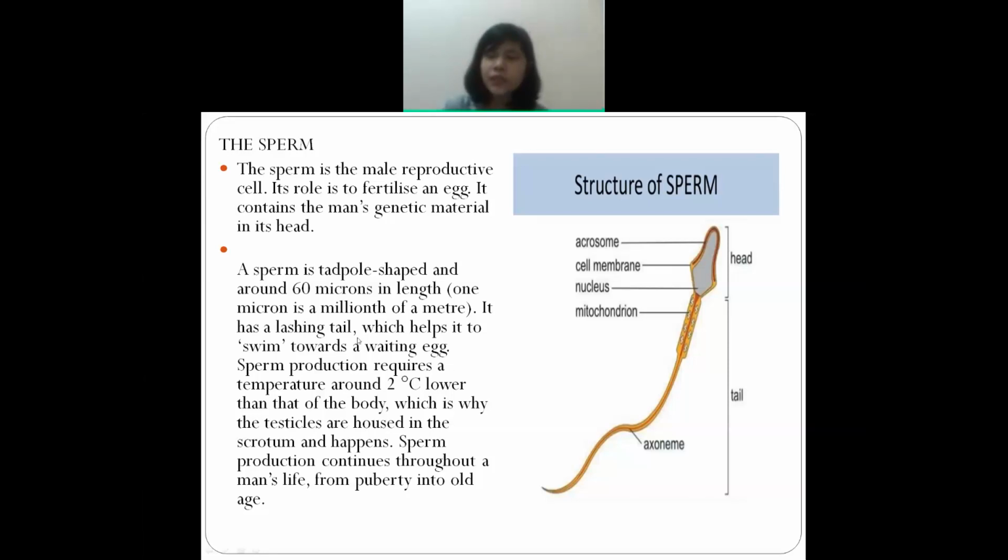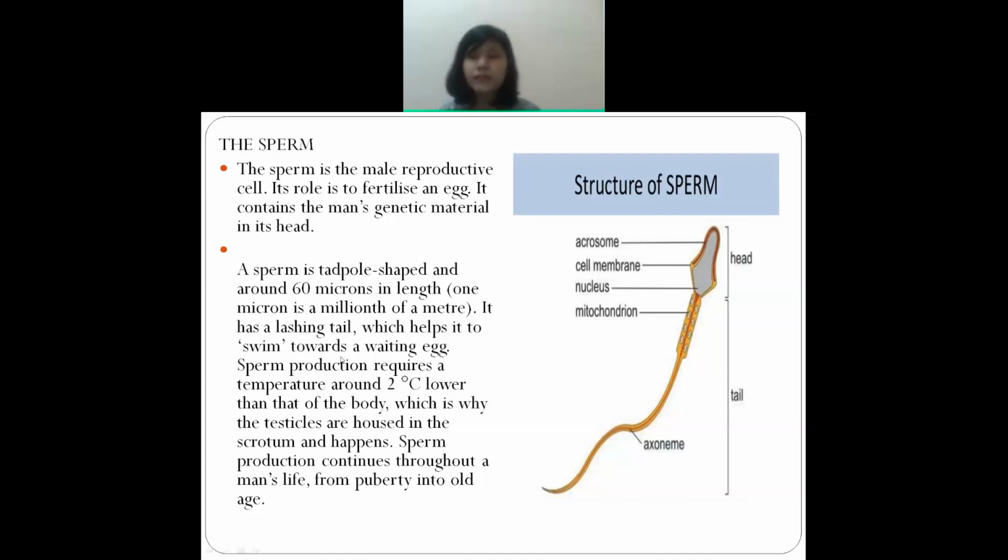Lashing tail means they can move with speed, freely. They can whip the tail and move rapidly so that they will go and meet the egg. They are made up of a lashing tail, which helps them in swimming, and they will go and meet the matured egg, which is made by the female reproductive system.